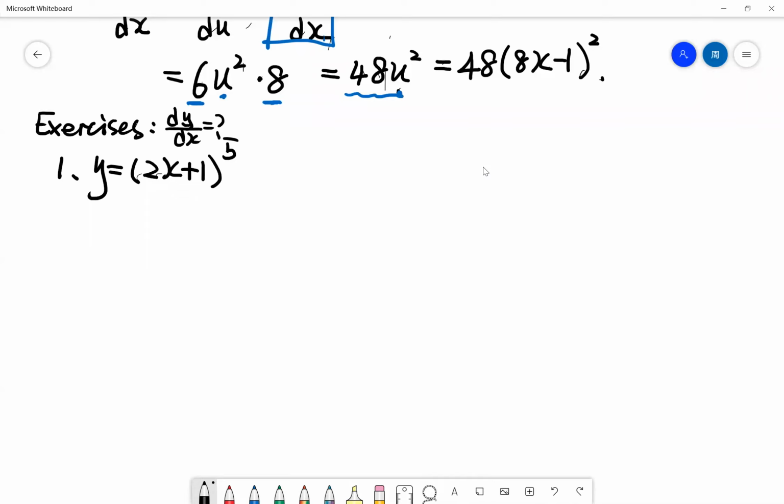First one: y equals (2x plus 1) to the power 5. Number two: y equals sine x to the power 3. And number three: y equals sine x to the power 3. Try to solve these three questions.